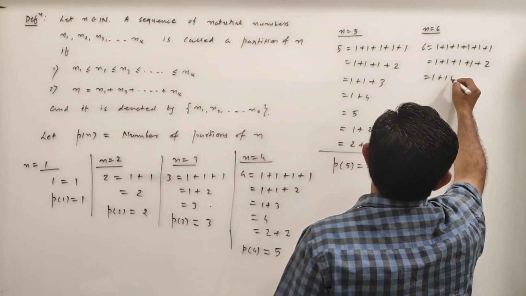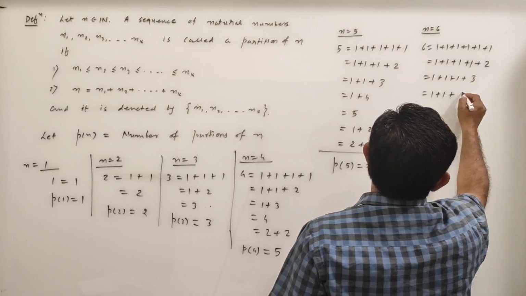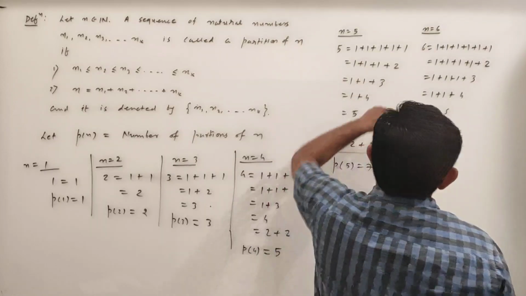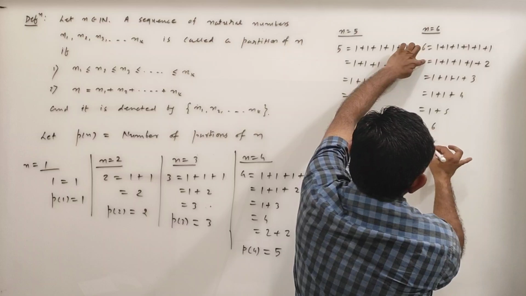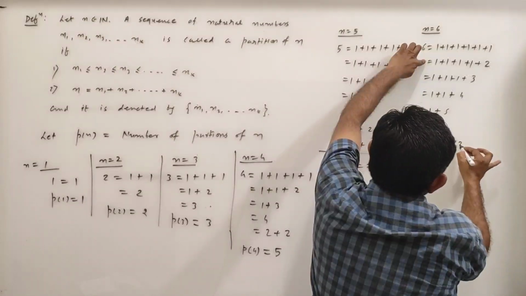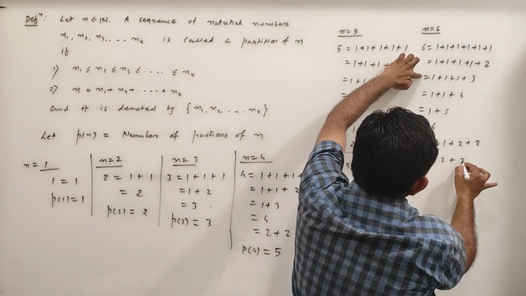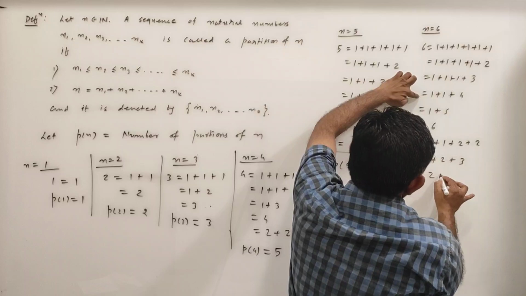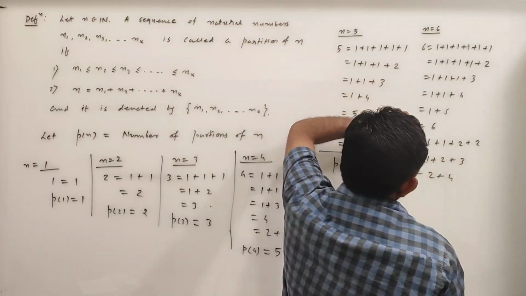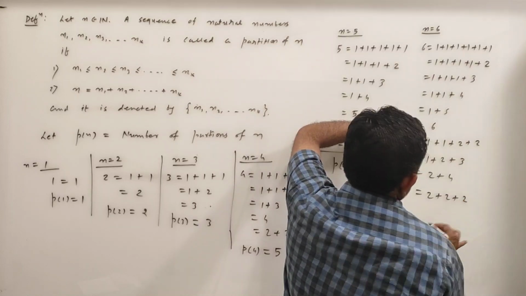Then 1 plus 1 plus 1 plus 3. Then 1 plus 1 plus 4. Then 1 plus 5. Then 6. Now you start with this partition. So it is 1 plus 1 plus 2 plus 2. Then from here 1 plus 2 plus 3, and from here 2 plus 4, from here it is 6. Okay, so now again you start from here, it will be 2 plus 2 plus 2.